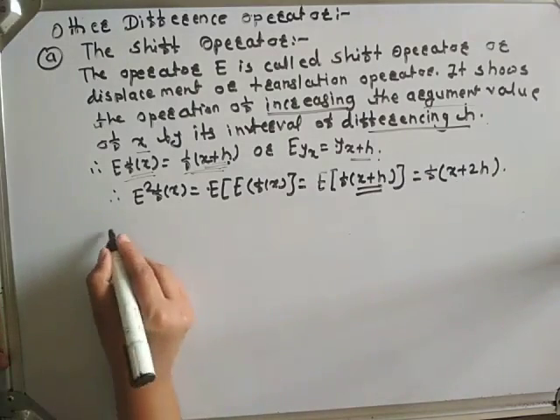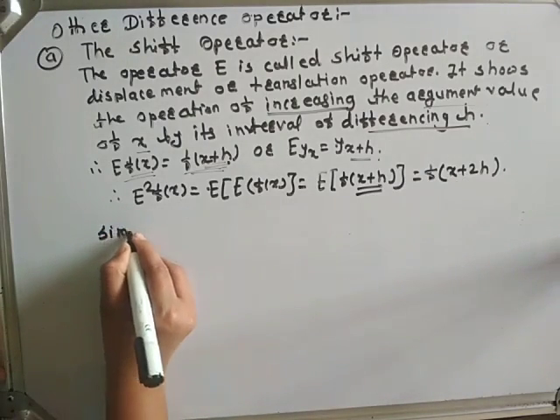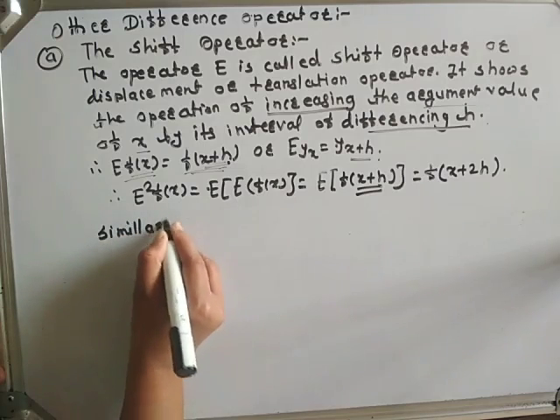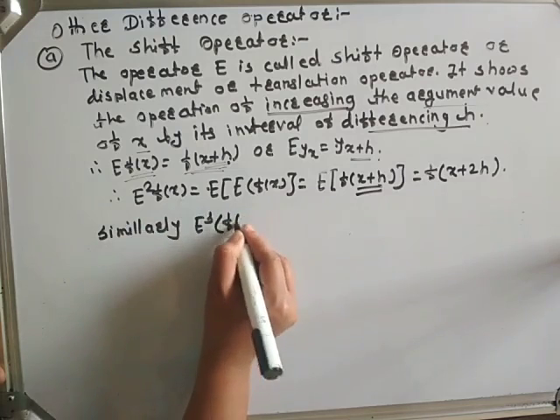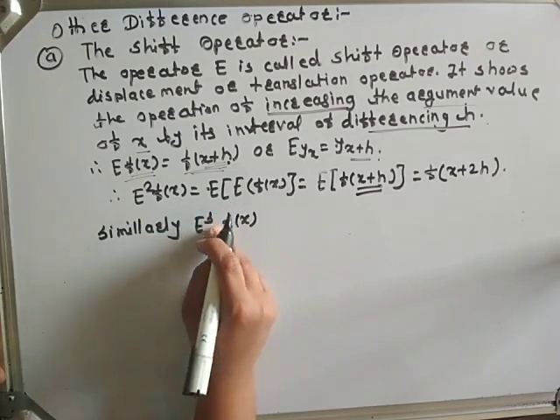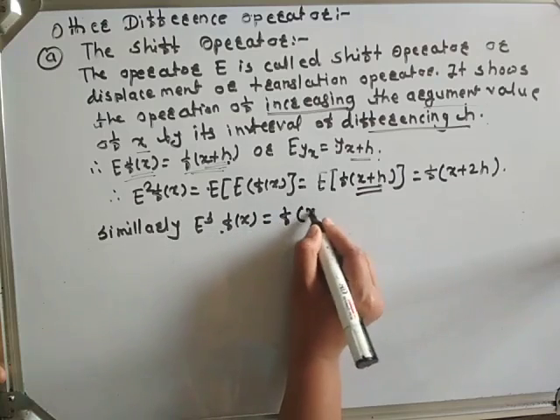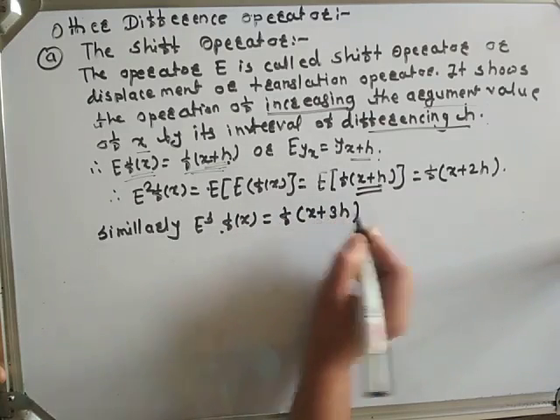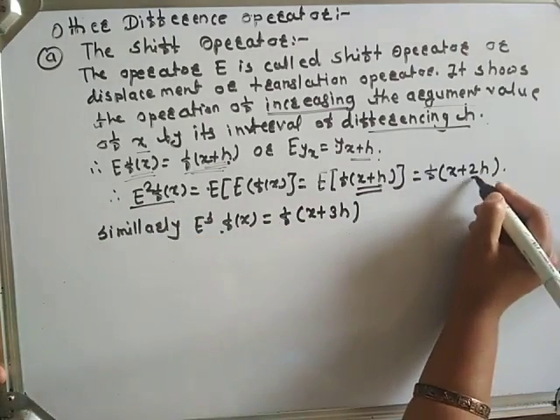Similarly, E cube of f of x is equal to f of x plus 3h. Here E square f of x is f of x plus 2h.